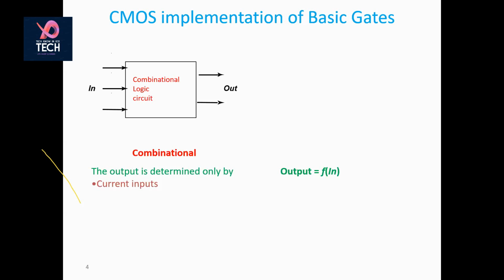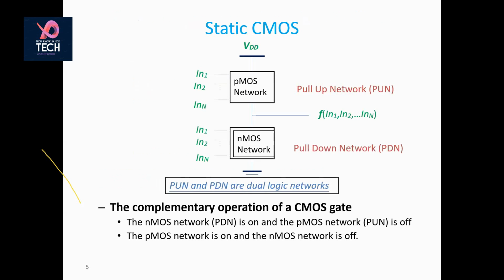Next thing is the basic architecture of your system. So here you can find out that whenever we talk about CMOS, the upper network is called pull-up network and lower network is called pull-down network.